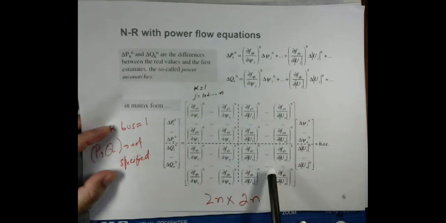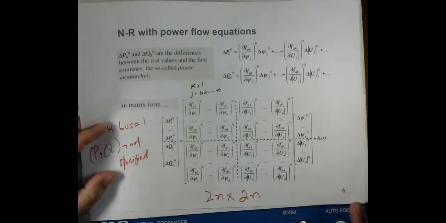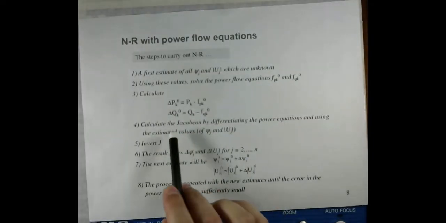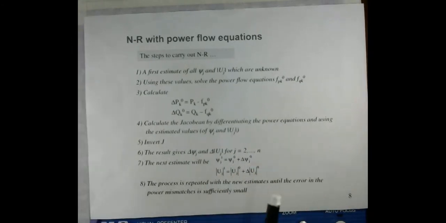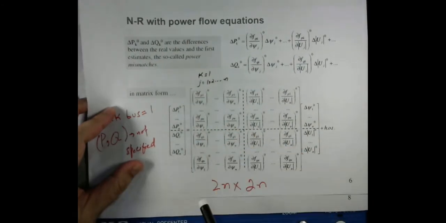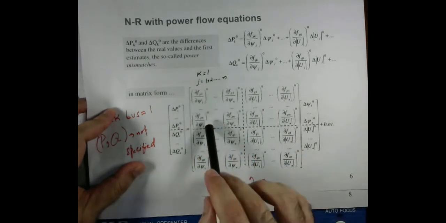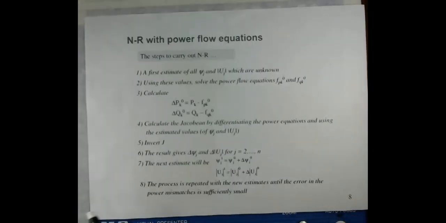And this matrix, having 2 cross 2 sub-matrix elements, we call the Jacobian matrix. So once we know the power mismatch, the next step is to calculate the Jacobian matrix. And if you remember here, the derivatives of the active and reactive powers are involved. So afterwards we will calculate the Jacobian matrix having 2 cross 2 elements.